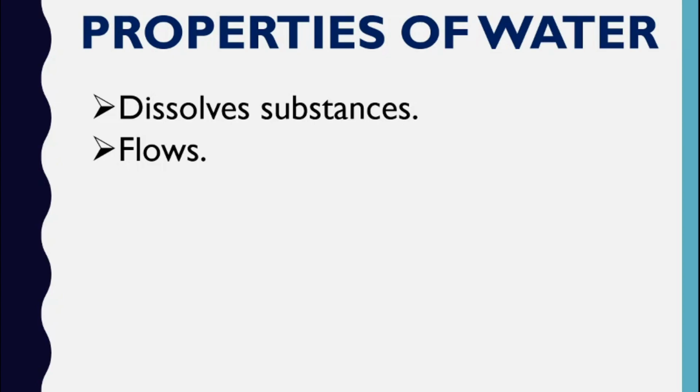And another example is that if you pour a glass of water on floor, what will happen? Yes, it starts spreading. That is, it starts flowing. So from this, we can understand that flowing is a property of water.